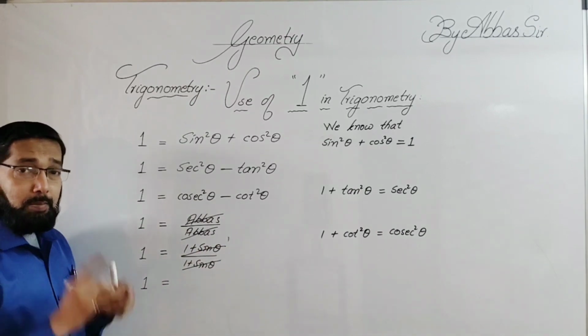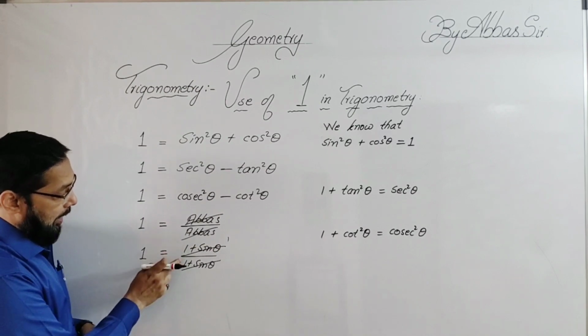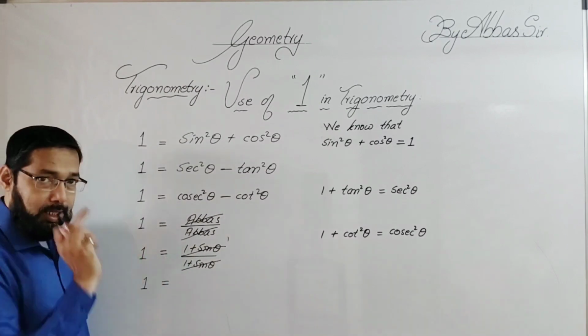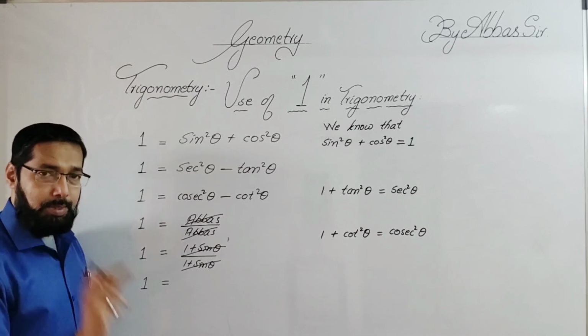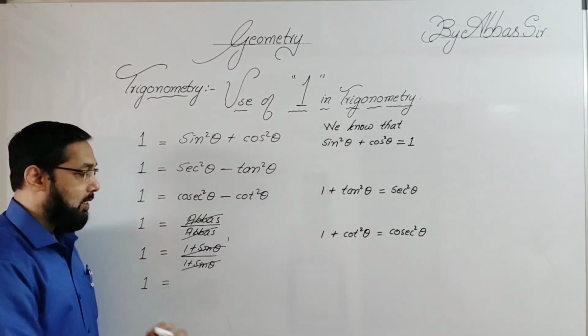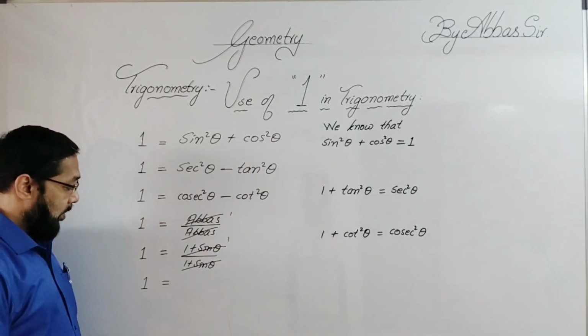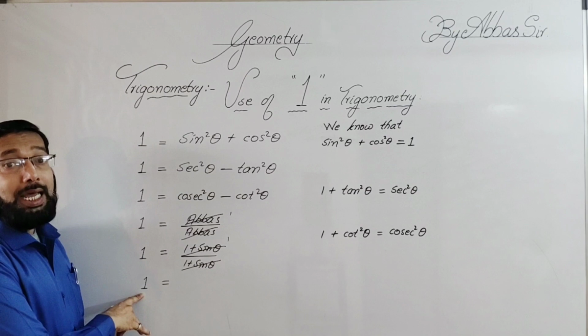That means in mathematics, whenever we multiply and divide with the same term, same quantity, same number, we always get 1 because both the quantities get cancelled and ultimately the result is 1. Clear?